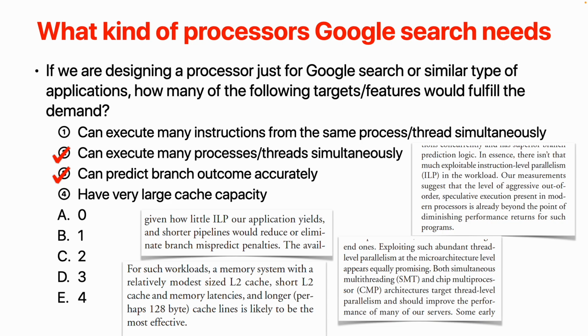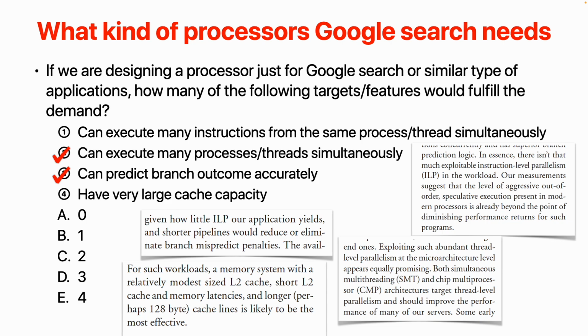In a lot of cases, when we make decisions, we think we want a processor with larger cache. It will give you the performance anyway. No. They say a good enough cache size is already satisfying for their search. You might think, I don't care about branch prediction.